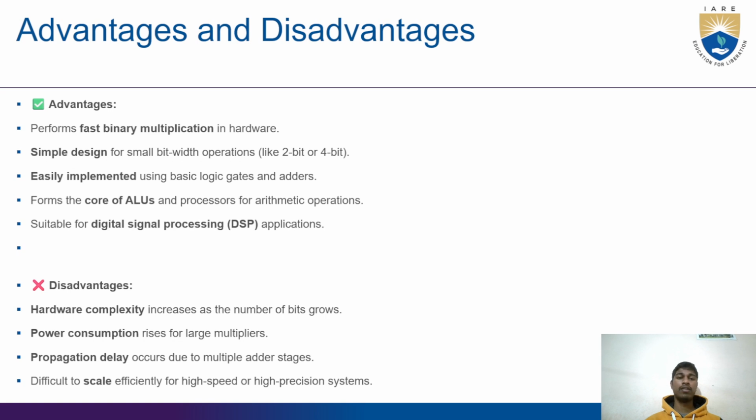Advantages and disadvantages. We have a lot of advantages through binary multiplication, and in the same way, we have a few disadvantages, but the advantages stand out with respect to the disadvantages. So let's get into the advantages. We perform fast binary multiplication in hardware.